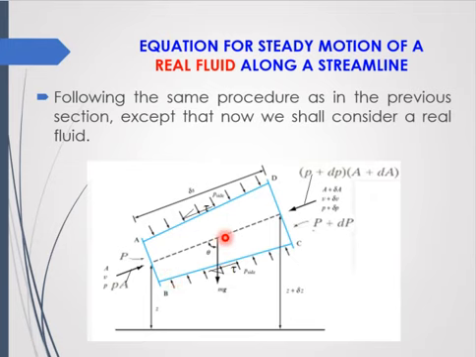So the only difference from the previous figure is this shear stress, which is acting along the boundary. Because in ideal fluid there is no viscosity, there are no shear stresses, but in real fluid viscosity exists, and hence the shear stresses exist on the perimeter.